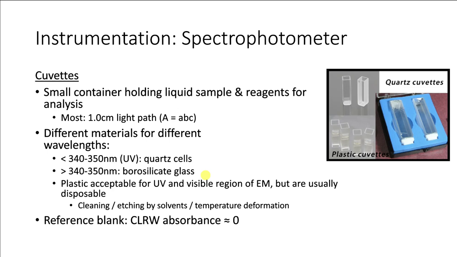I mean, if you ever try to clean clear plastic to keep it clear, no matter what you do, it's going to end up scratched up, and it's a cheap enough material that we'll just use it once and then toss it away. For a reference blank, we're going to put in clinical reagent water, because that should lead to an absorbance of 0, assuming that there's nothing in the water.